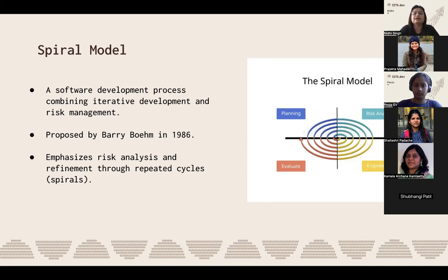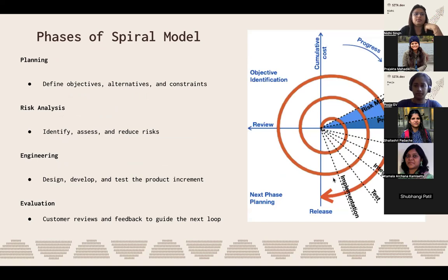The spiral model has four phases: planning, risk analysis, engineering, and evaluation. The planning phase defines the clear objectives, alternatives, and constraints. So what we have to do is all planned in the planning phase only. After planning, risk analysis is done, identifying, assessing, and reducing the risk.